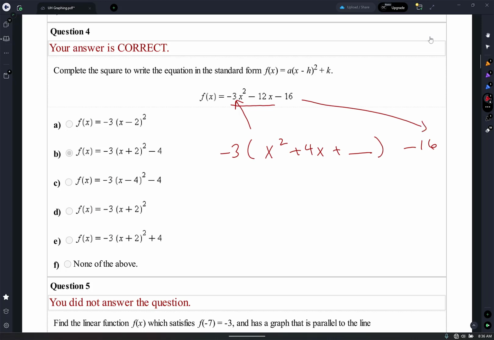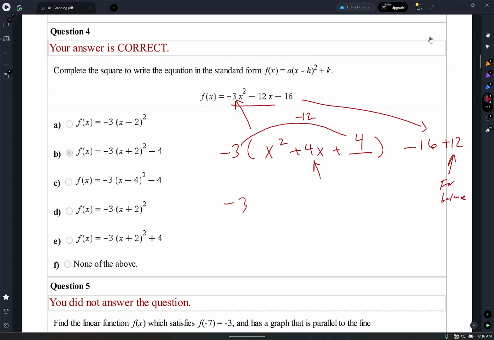You haven't factored out anything to that 16. 3 times negative 4 is negative 12, yeah. You take this middle number, divide it by 2. 4 divided by 2 is 2, and then you square it. I put plus 4 there. What you really did is you made this heavier by negative 12. So then that means you got to add 12 for balance.